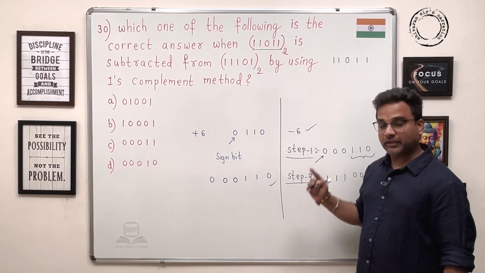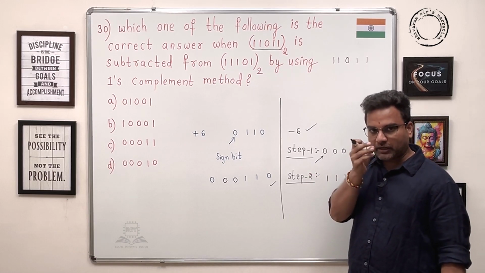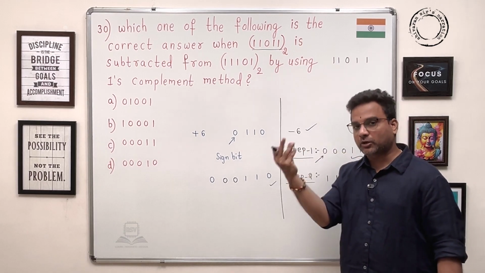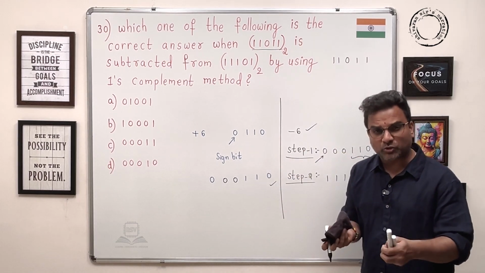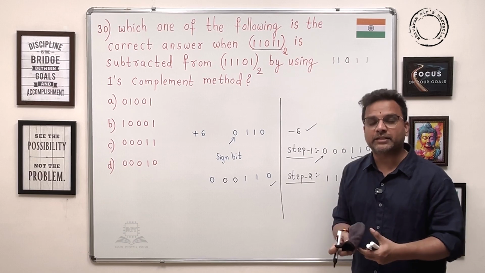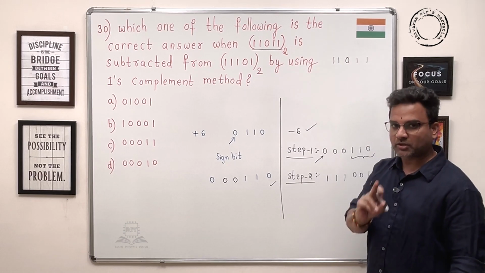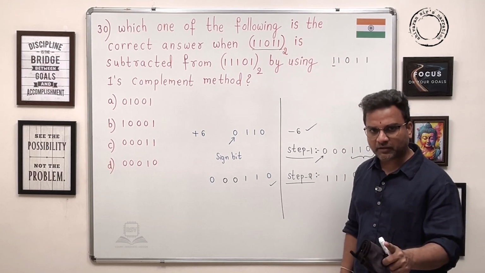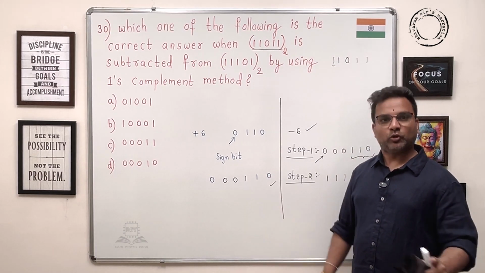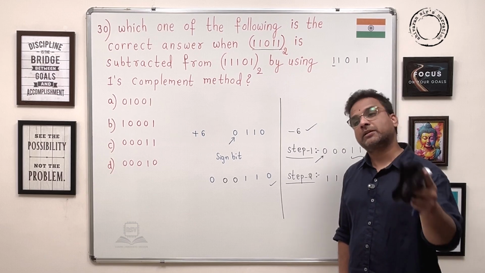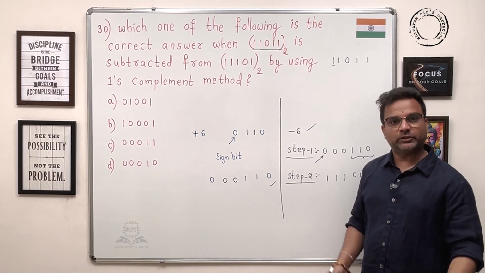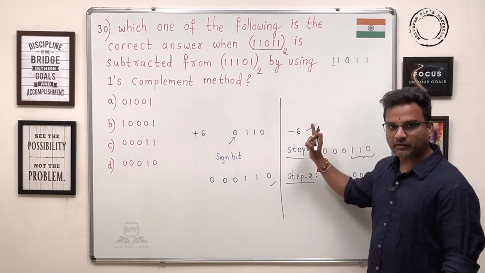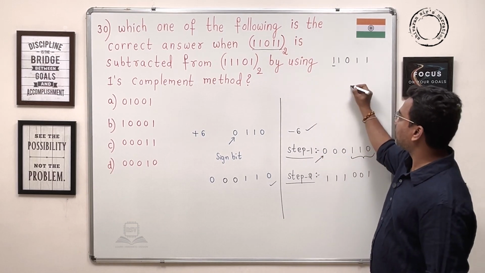Very simple. In this way, you convert a 1's complement representation into a decimal number, because you want to know what the decimal number is. The procedure is, first you check the MSB. If the MSB is 1, it's a negative number. You want the decimal value, apply 1's complement again. Therefore, you will get the decimal value. Here, the MSB is 1, which means it is a negative number.